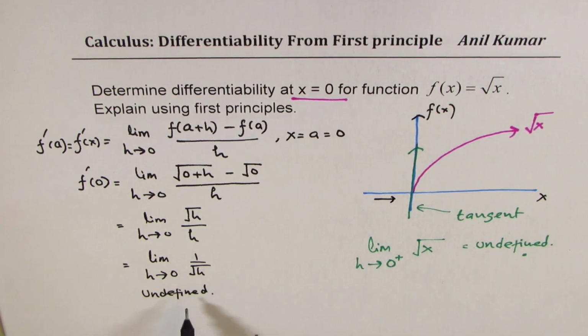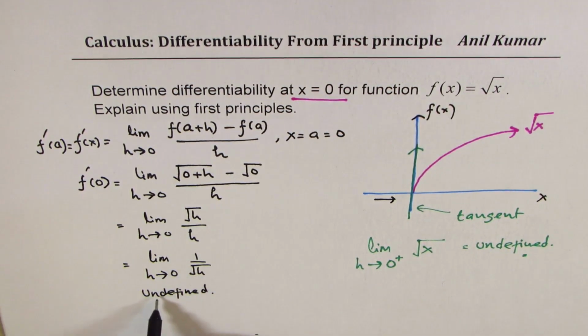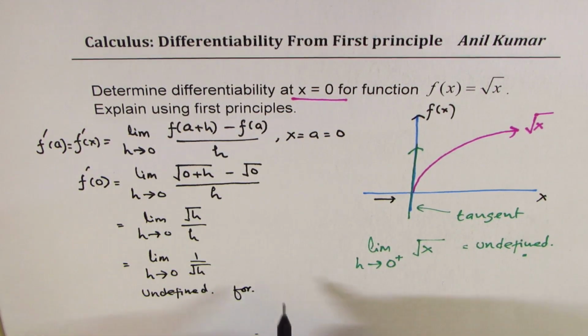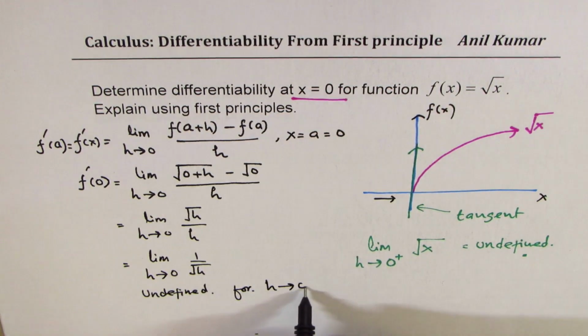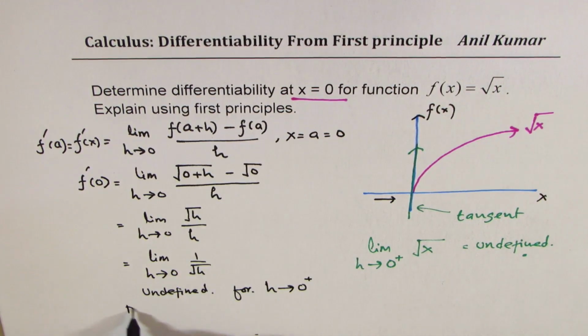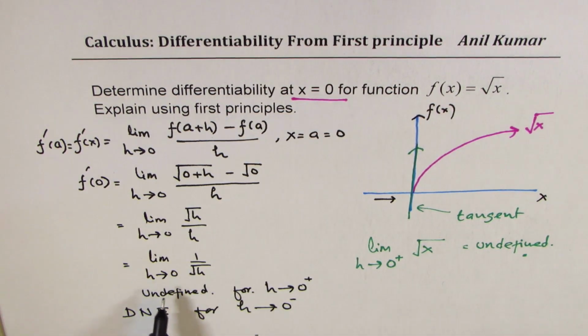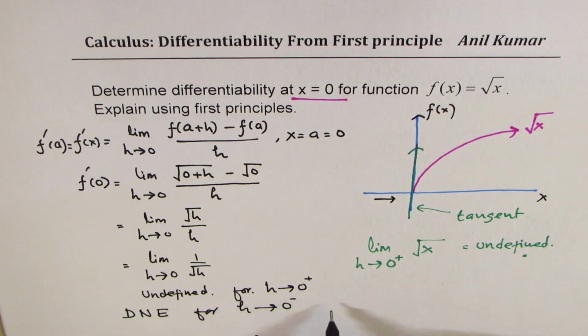Is it okay? So strictly speaking, I should write this limit is undefined for h approaching 0 from the right side, and it does not exist for h approaching 0 from the left side. Do you see that? So I'm reluctant to really write down whether it exists or not, but in either case, what you say is that the function is not differentiable.